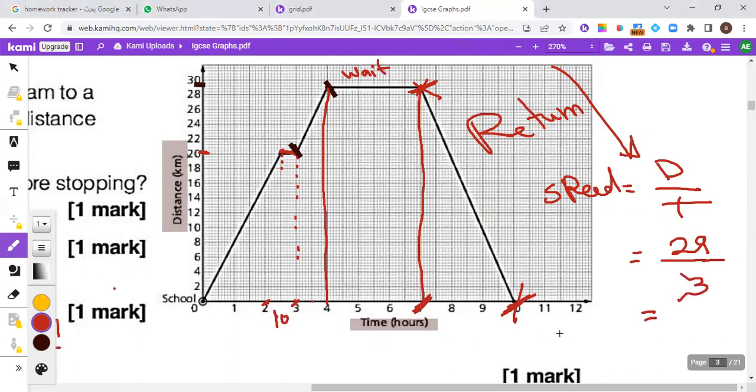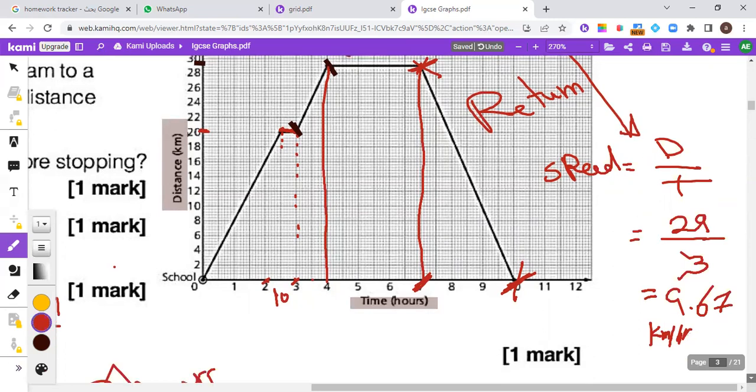Now use the calculator. It is 9.667 kilometers per hour. Is that difficult? No. Okay.